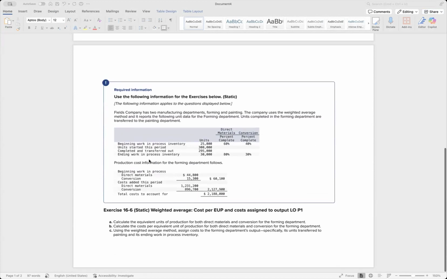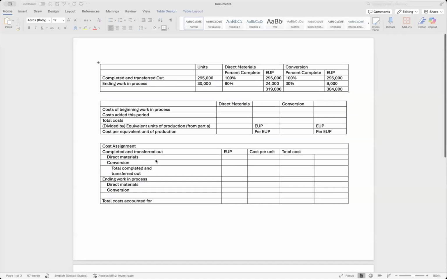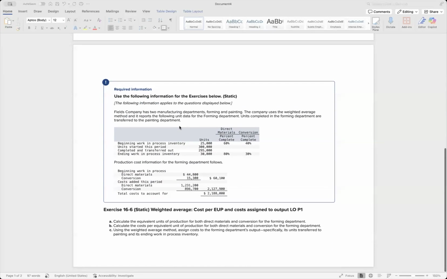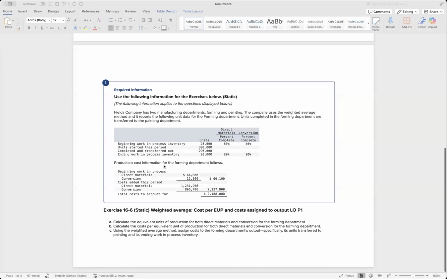Part two of the question now says, calculate the cost per equivalent unit of production for both direct materials and conversion for the foreman department. So my costs of the beginning work in process: it tells me here, production cost information for the foreman department follows.